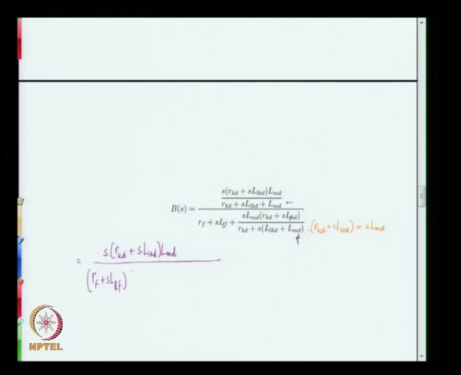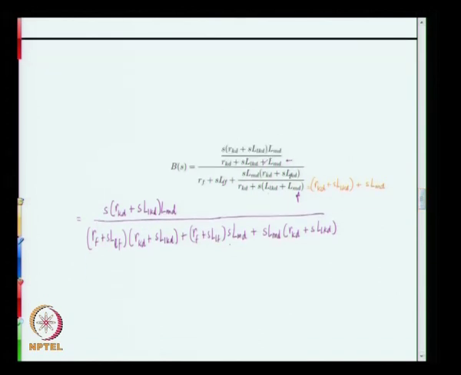This is multiplied by RKD plus S times LLKD, plus RF plus SLLF multiplying S times LMD, plus S times LMD multiplied by RKD plus S times LLKD. This denominator later on is cancelled with that denominator. So, this is the expression that we have.